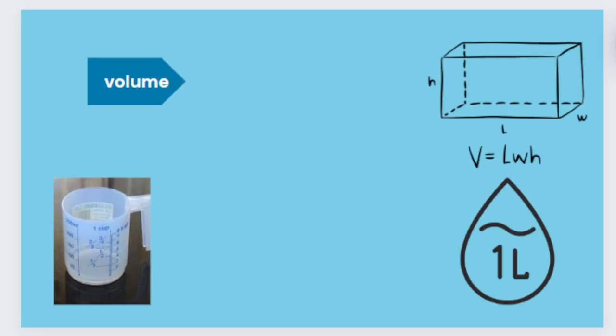The next example is volume. And what is volume? Volume is the amount of space occupied by an object or substance, and it is measured in cubic meter or liter or milliliter, and other appropriate units.